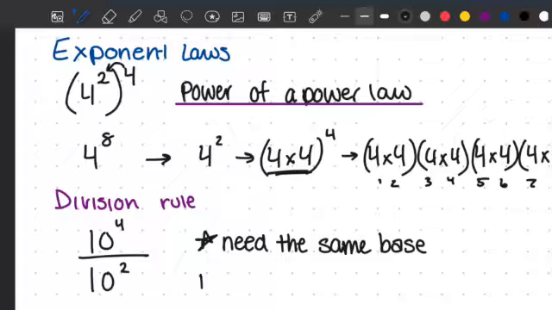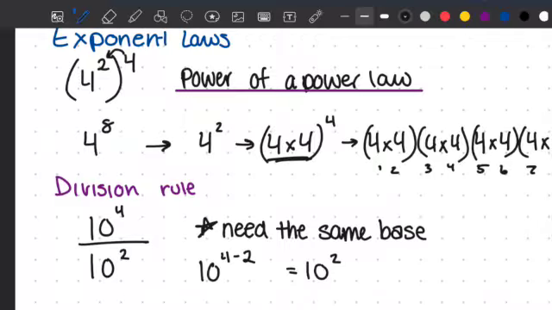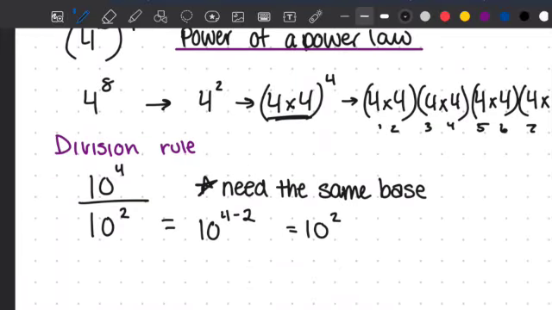So this would be 10 to the 4 minus 2, which would just equal 10 squared in this case. Questions?